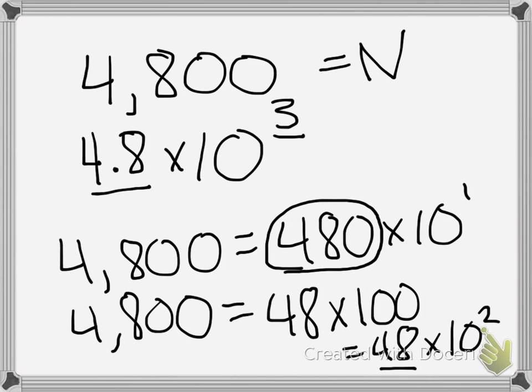You want to think of that 10 cubed as moving the decimal place over, right? That 480 is if I move the decimal place over once. The 48 is if I move it over twice. 4.8 is if I move it over 3 times. So if I write 4,800 in scientific notation, I have 4.8 times 10 cubed.